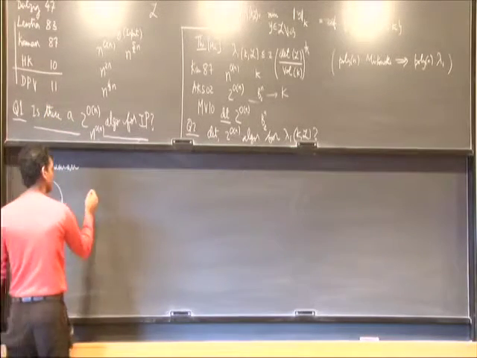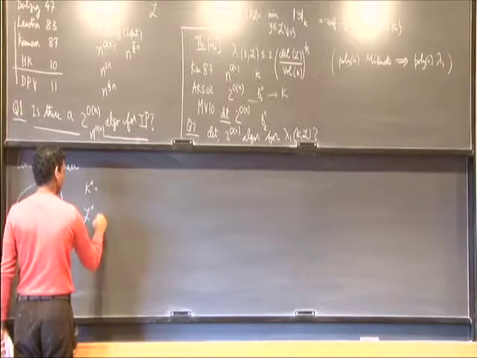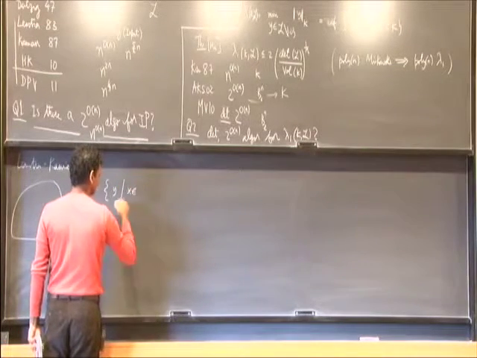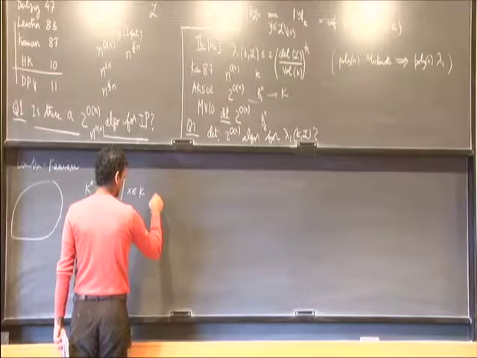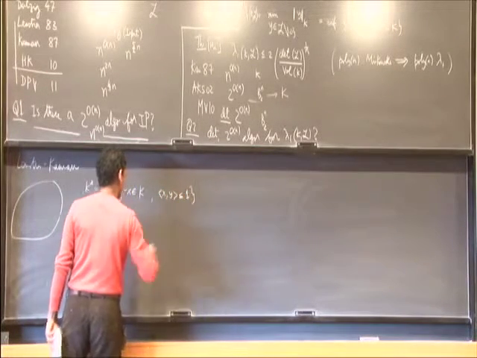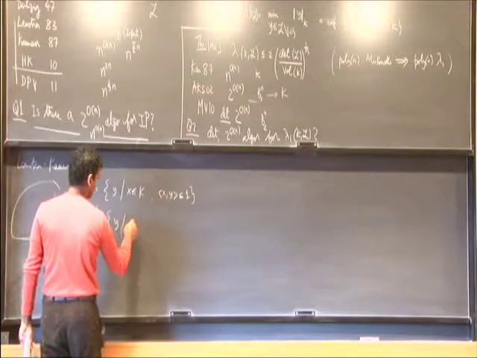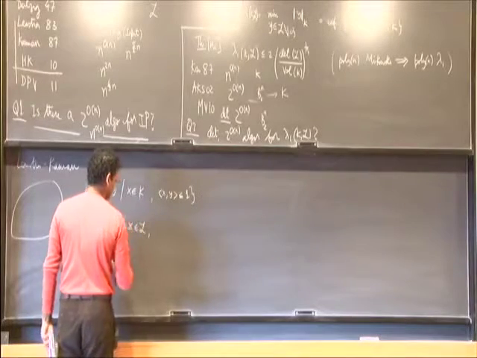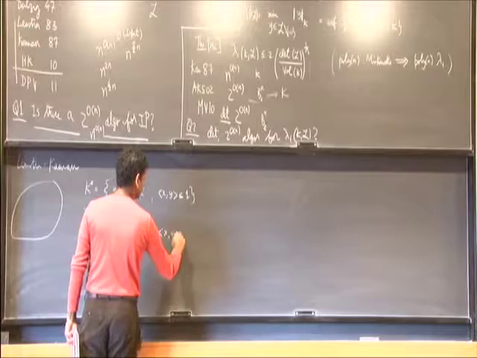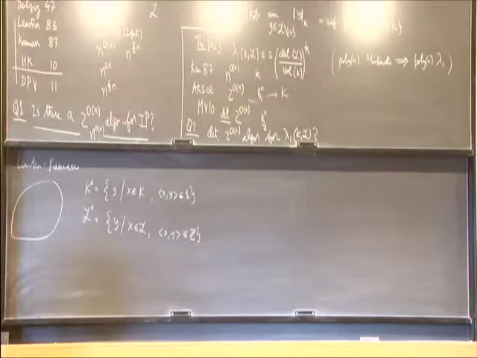We have to define two objects, the duals of K and of L. The dual of K is the set of all y such that for every x in K, the inner product is at most 1. And the dual of L, the dual lattice, is the set of all x in the original lattice, so it's a smaller set, where the inner product is an integer. So these are the objects.